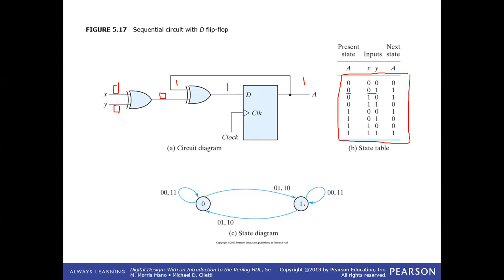So this tells us that if we have reached 1 and we apply input 0, 0, we get back to the state 1. Okay, Faizan, is this clear to you now?